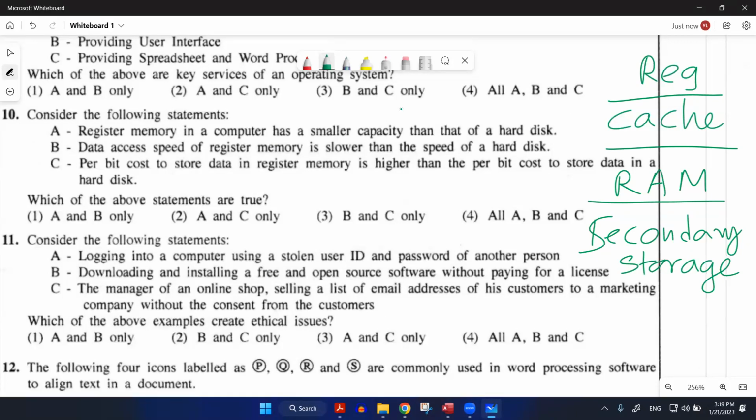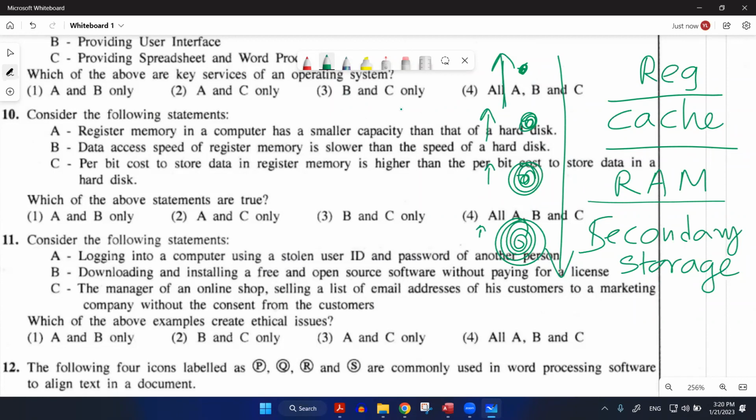If you think from top to bottom of this hierarchy, the physical size is getting bigger downwards. And access speed: registers have the greatest access speed, cache has less than that, RAM has less than that, secondary memory is lesser than that, right?